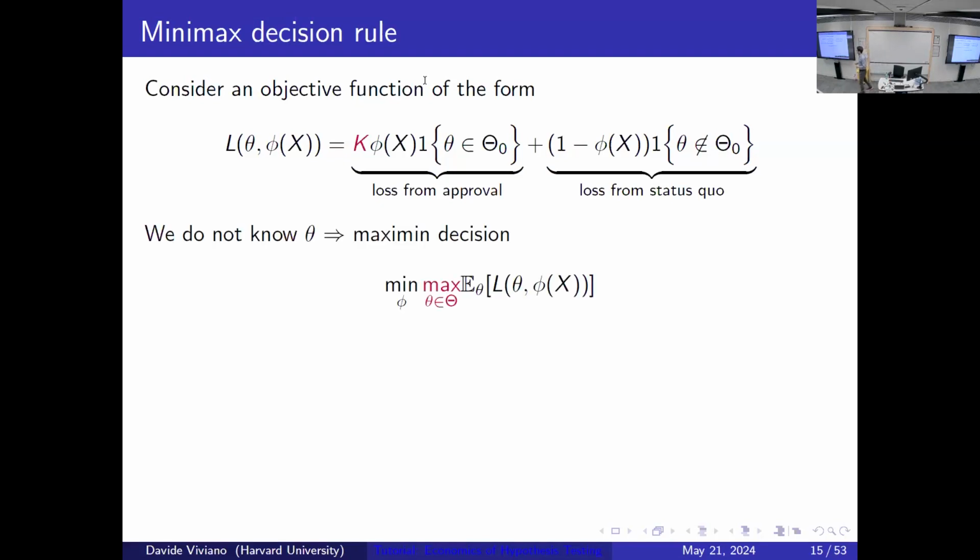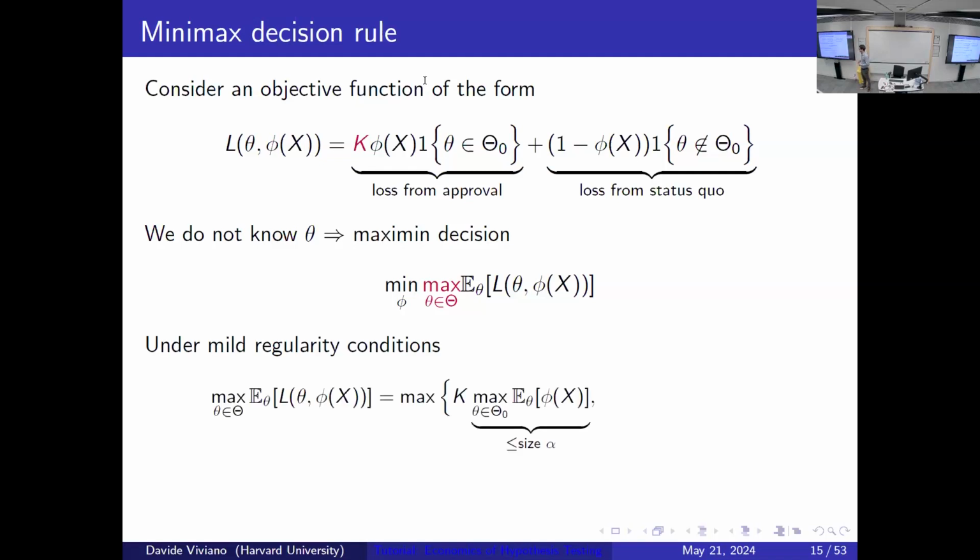So what we could do, we could say, well, we don't really know theta, so what I'm going to do is look at the worst case loss function, and then I'm going to minimize the worst case loss function, so I'm going to assume determination is playing against it. So under some regularity conditions, what we can show is that this worst case approach is going to lead us to two different outcomes.